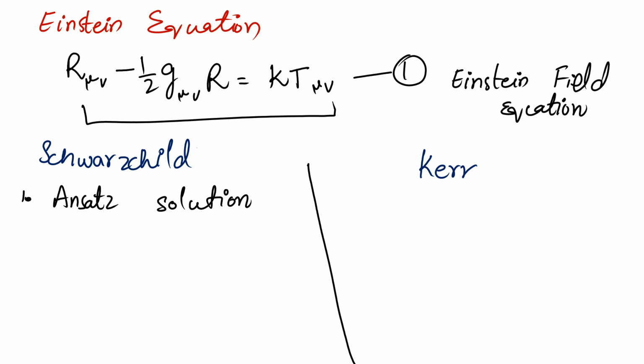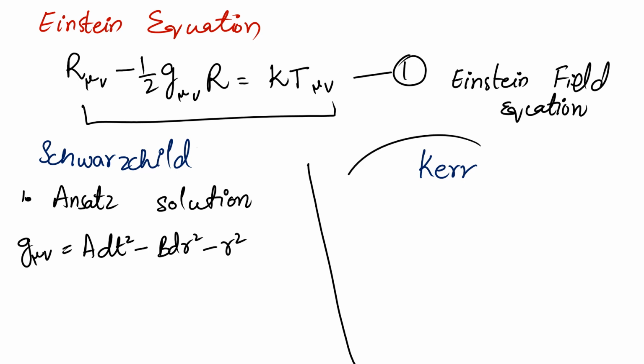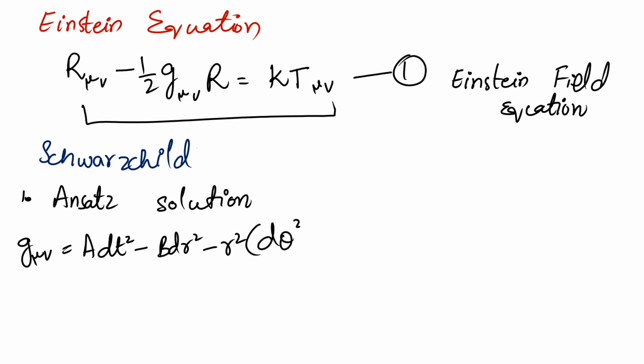It has a very important equation, which is g mu nu equal to a dt square minus b dr square minus r square into d theta square plus sine square theta d phi square.